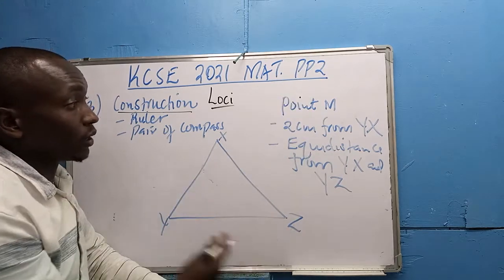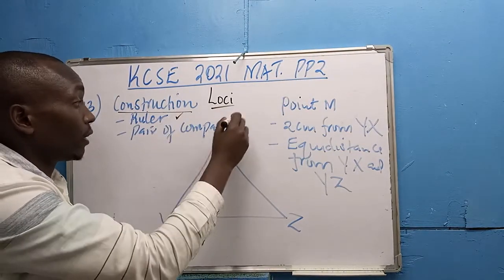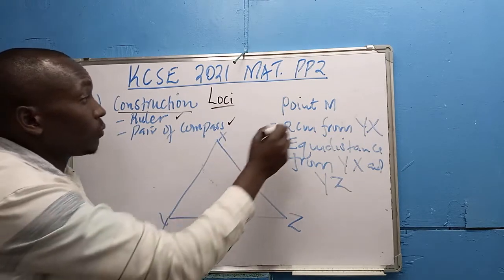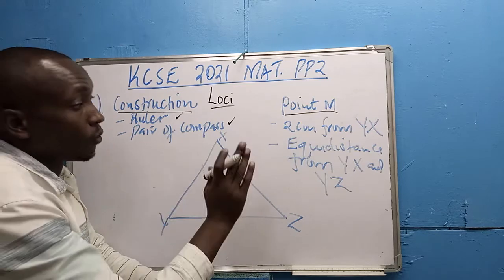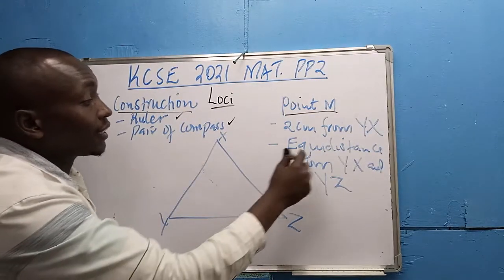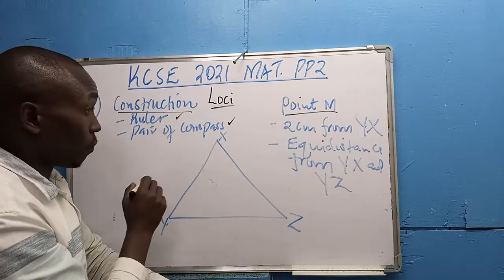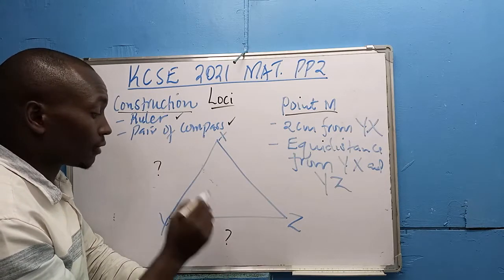Remember, what I'll do is just to give you a guide. Then you, using a ruler and a pair of compasses, can try and do the construction. The student was to locate a point M that is 2 centimeters from the line YX or XY. Then it is equidistant from the line YX and the line YZ.